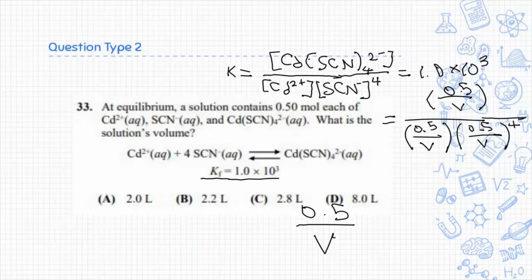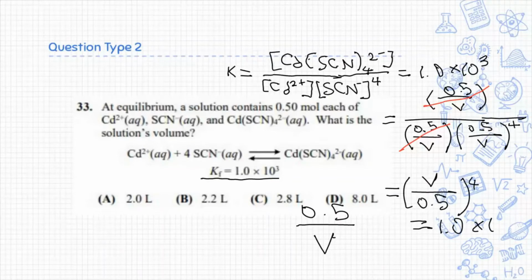we can see that these two cancel out, which gives us V over 0.5 to the 4th power equals 1.0 times 10 to the 3rd.